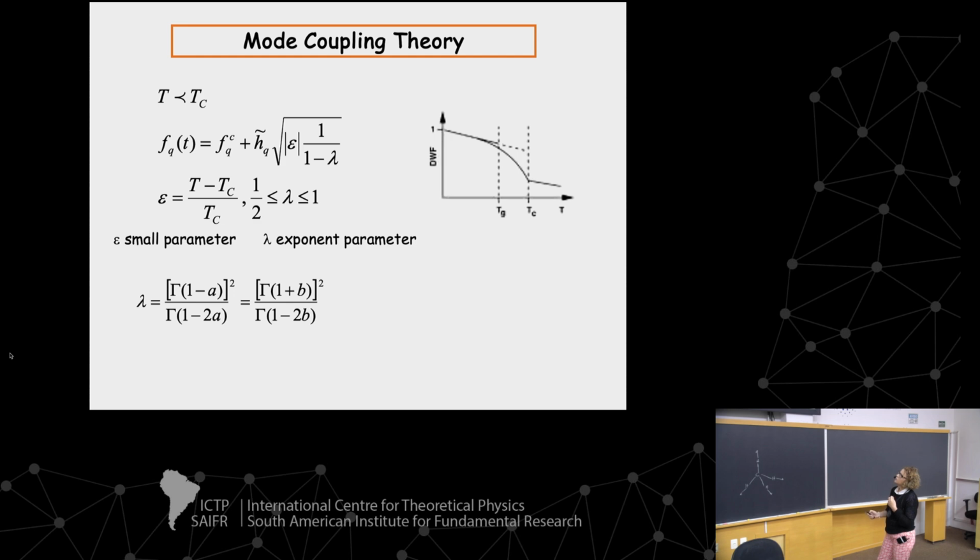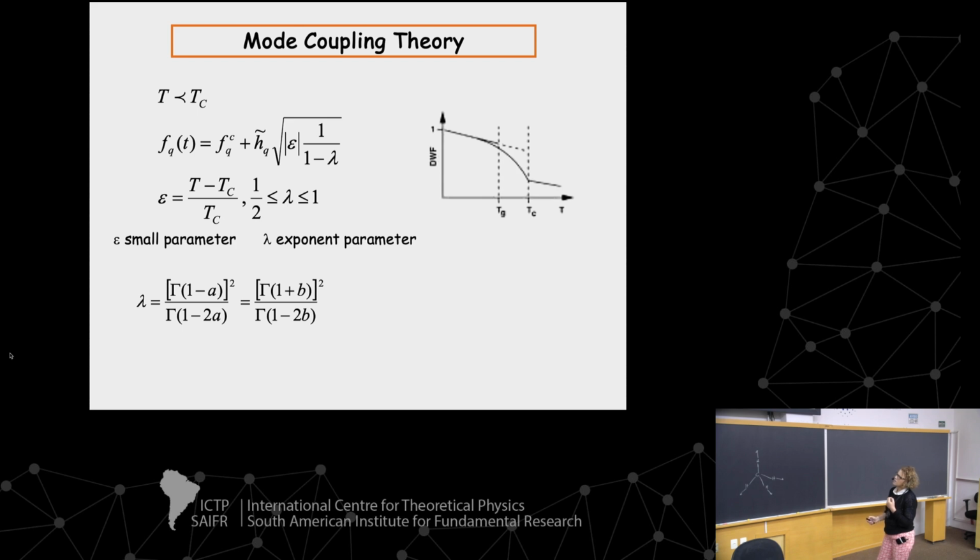And lambda has to be between 1/2 and 1. Lambda is the exponent parameter, and lambda is related to A and B as one, and there is also a relation, as you can see, between A and B that has to be tested.